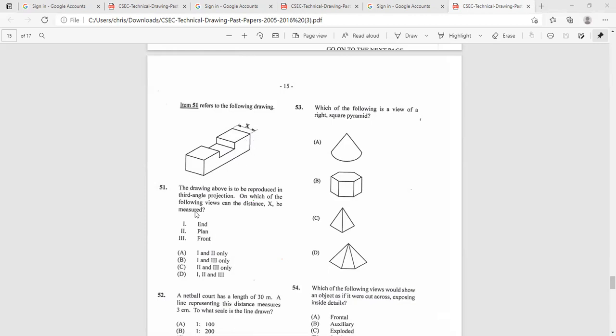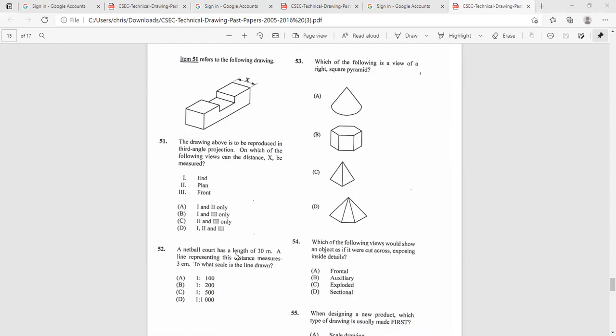On which of the following views can the distance x be measured? Here is the end elevation. Here is the top. So this distance would be visible on the plan and also on the end elevation. So it's 1 and 2 only. That is A.